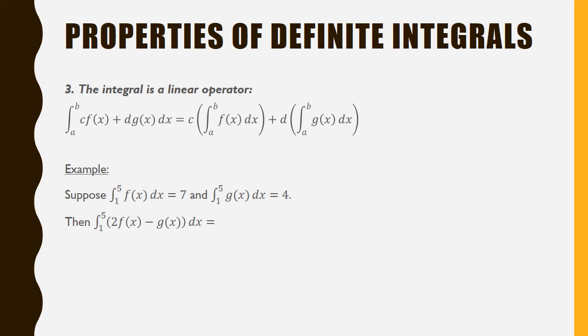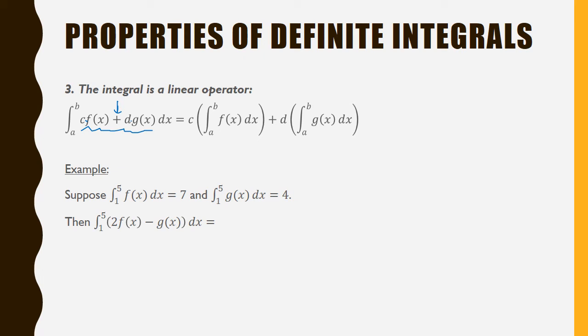What that means is that if you have an integral with some complicated looking stuff, in particular I'm referring to addition or subtraction, or I'm also talking about coefficients, so there's some number c multiplied by f of x, some number d multiplied by g of x. Then what we can do is we can simplify, or we can split up this larger integral into smaller ones.